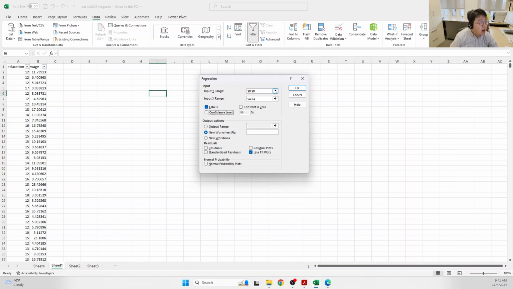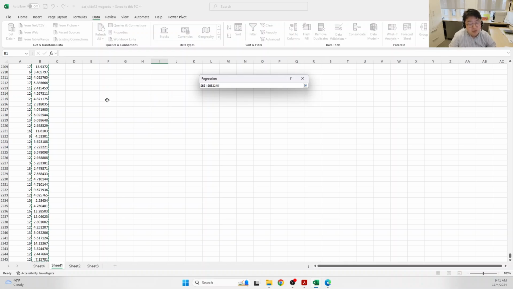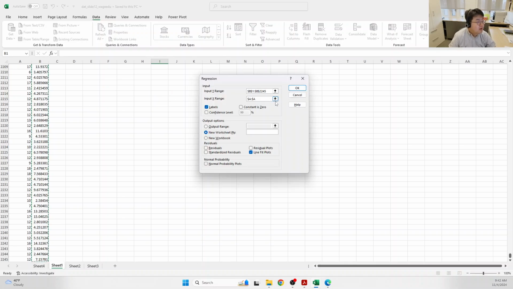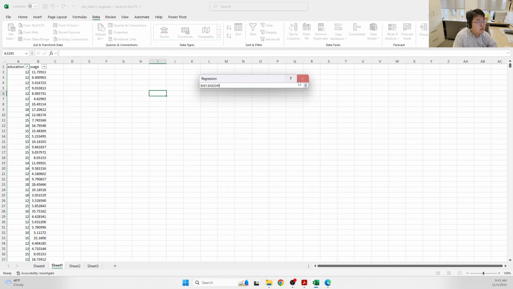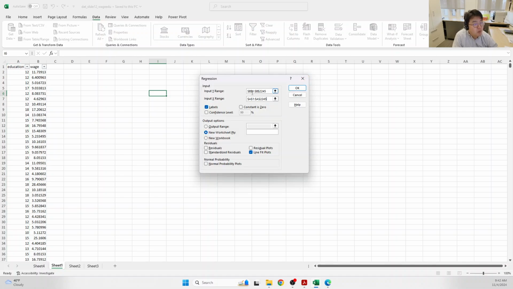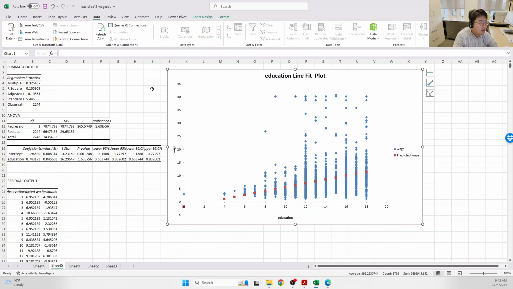I'm sorry. The Y range must choose the data only, not the whole column. And the X range also this column only, from row number 1 through row 2245. Okay, if you click OK, then you get this plot, right?